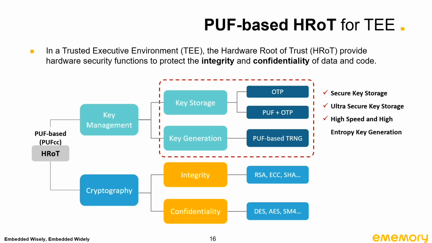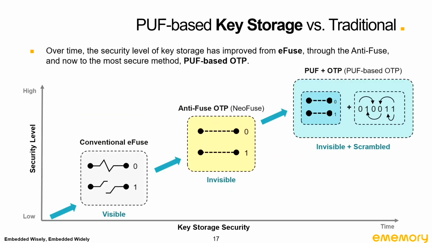For key storage, we have OTP, and we also have PUF plus OTP to create the secure OTP and the ultra secure key storage. For key generation, we use the PUF-based TRNG to create high-speed and high entropy key generation.